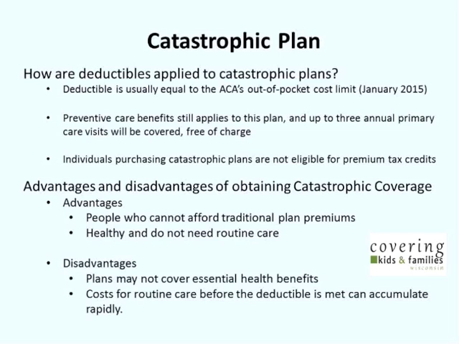It covers them if they get into a really bad situation, illness or accident, but they don't need as much day-to-day health care. The disadvantage is the plans may not cover those essential health benefits, and the cost for your routine care can really add up before you get to your deductible. So it can be expensive if you need some care throughout the year.